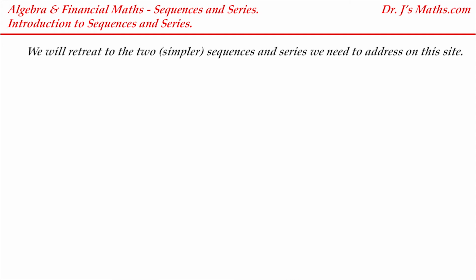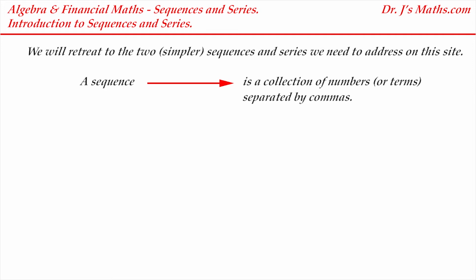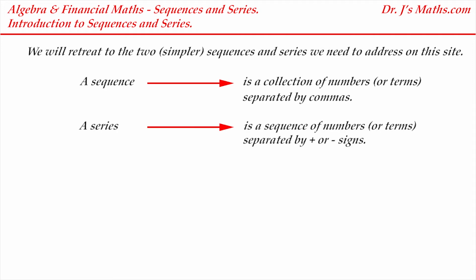Having looked far into the future, we can now retreat to the 2 simpler sequences and series we need to address on this site. In summary, a sequence is a collection of numbers or terms separated by commas. A series is a sequence of numbers or terms separated by plus or minus signs. In other words, for a series, we can add up a number of terms together.